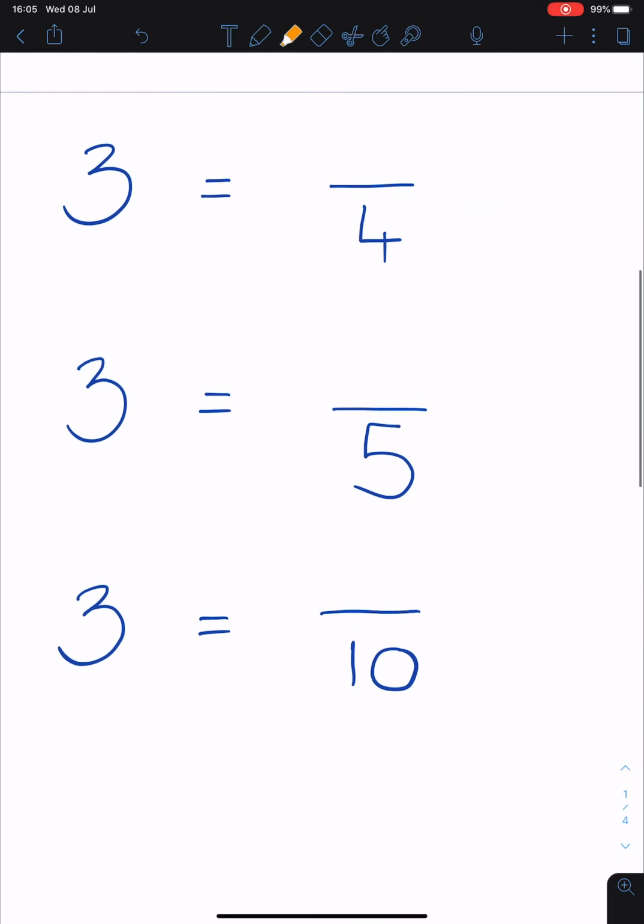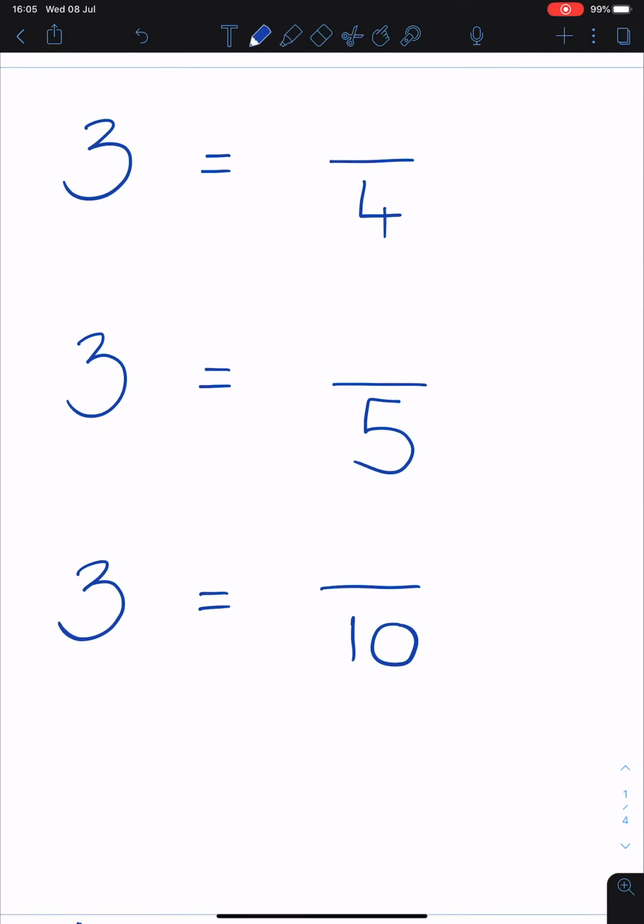Right, let's look at these problems here. Now you're going to write your whole number as an improper fraction, but this time we're not going to use pictures. So how do we do it? If we are cutting our 3 pizzas into fourths or quarters, we say 3 times by 4 is 12.